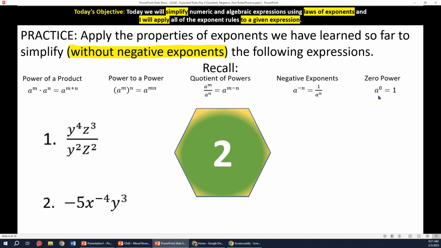Problem number 2, you have that negative exponent to take care of. About 1 minute remaining. Hopefully you are on problem 2.